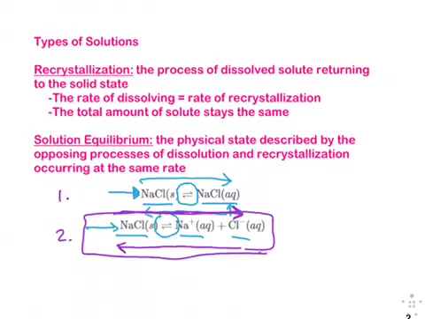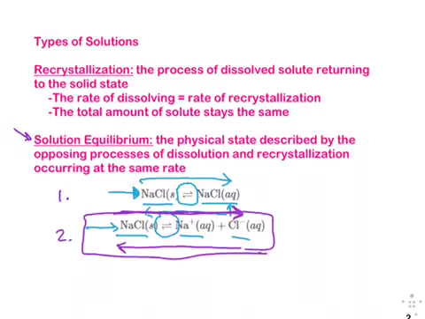And a solution equilibrium will occur, so that means the rate of recrystallization and the rate of dissociation will be the same eventually. And when that happens, we have reached the solution equilibrium. They're occurring at the same rate. One is not happening faster than the other. Okay?